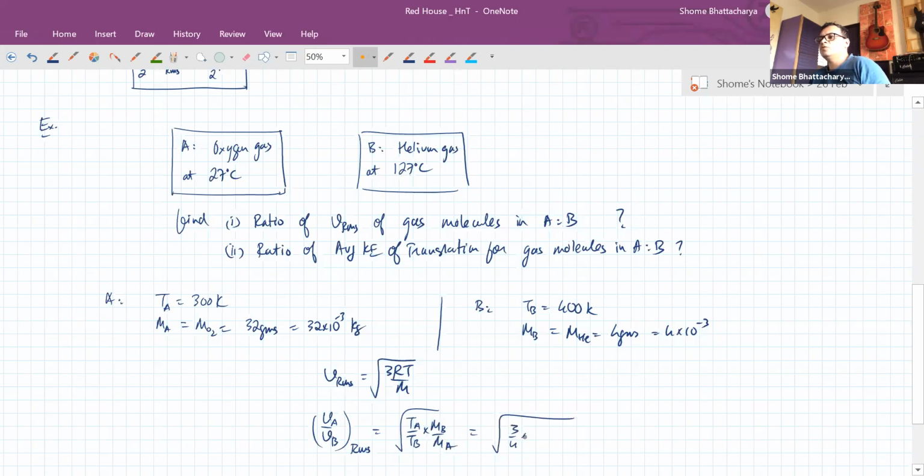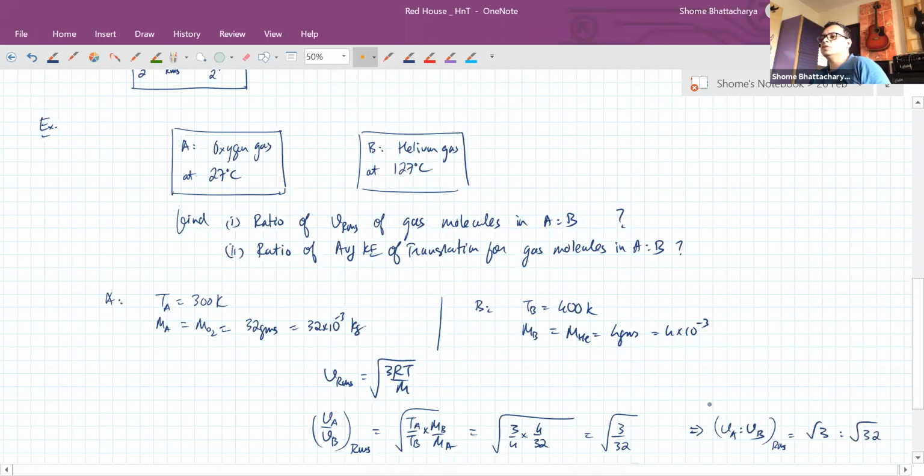So this is 3 by 4 into 4 by 32. So that is square root of 3 by 32. Yes, that's correct, Aman. So VA is to VB for RMS speed will be square root of 3 is to square root of 32. You can just leave the answer this way only.